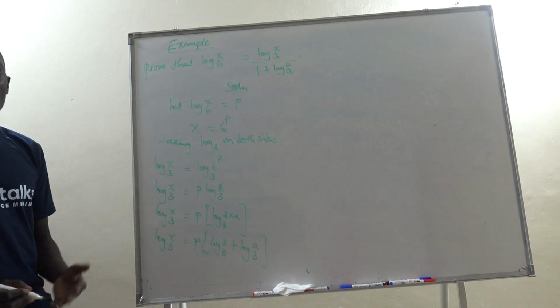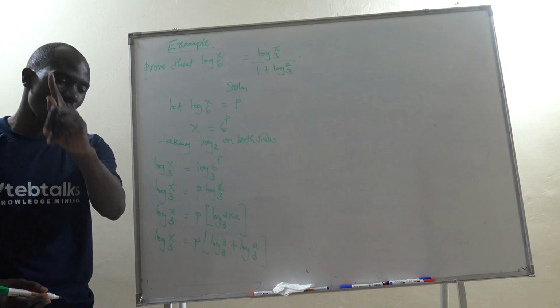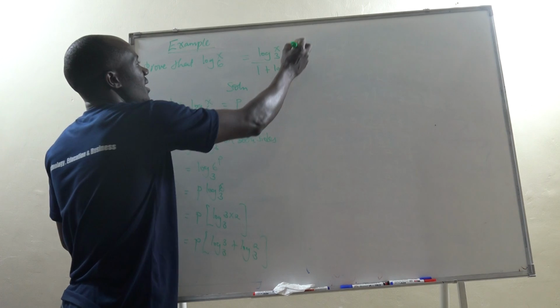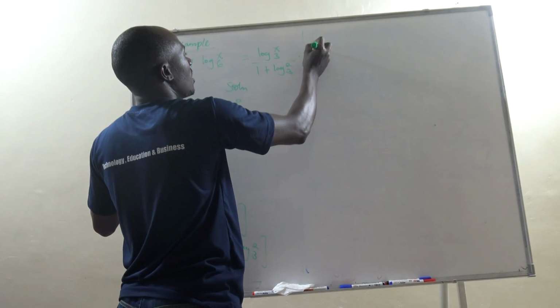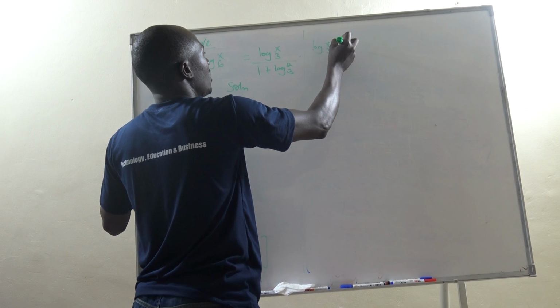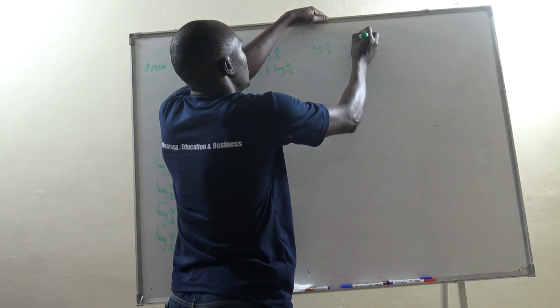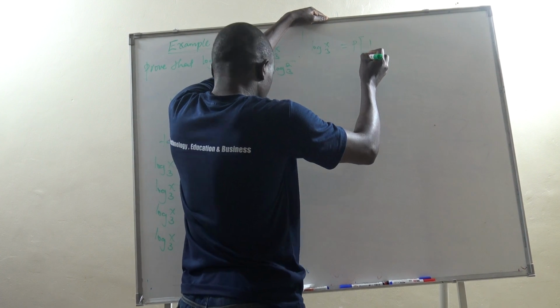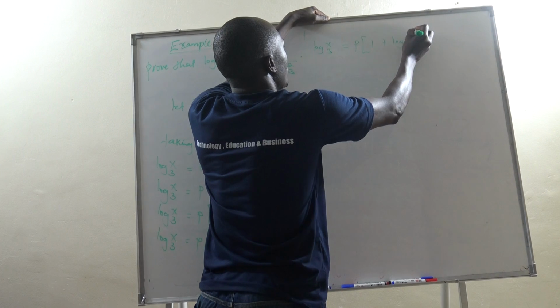So we move on. What happens with this? Log of 3 to base 3 is the same as 1. So we apply that one. We easily substitute. We're getting log x base 3 equals p into 1 plus log of 2 to base 3.